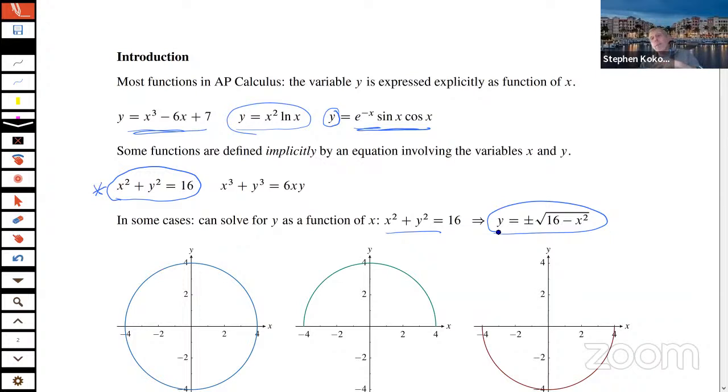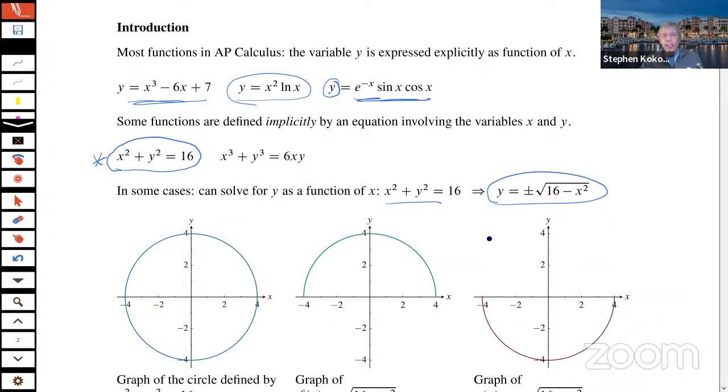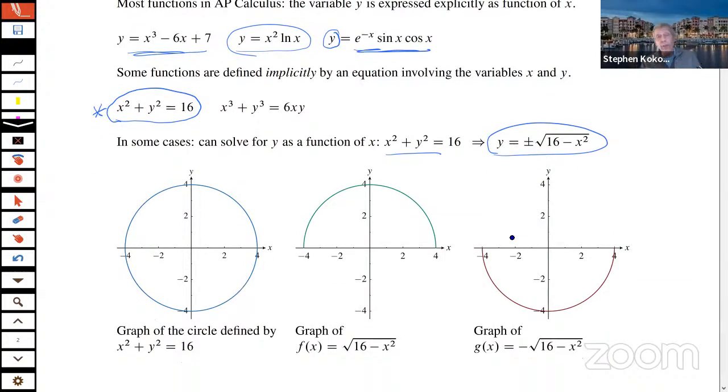And if we think about the positive or the negative square root, we can actually think about this circle as being comprised of two different functions. The top half of the circle and the bottom half of the circle. Now, I should note, and maybe this isn't said enough, that these are not the only two functions that we could get out of this expression defined implicitly.